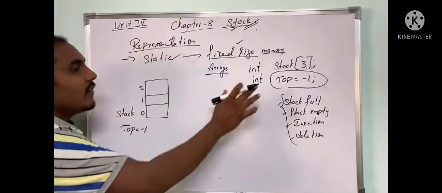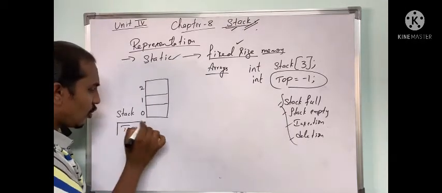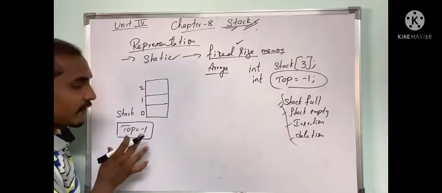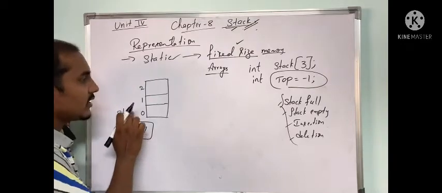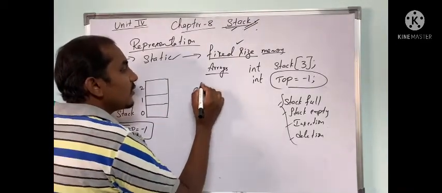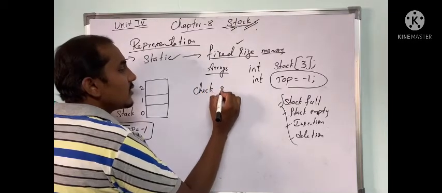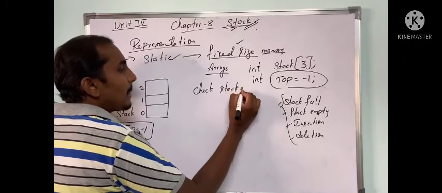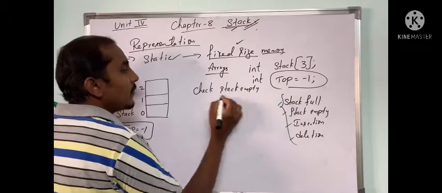Whenever we start, we can see top equals -1. When top equals -1, we can say the stack is empty. First thing is how to check when the stack will be empty.